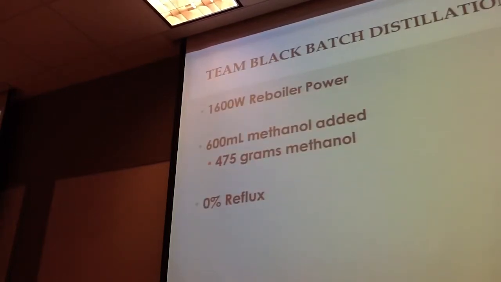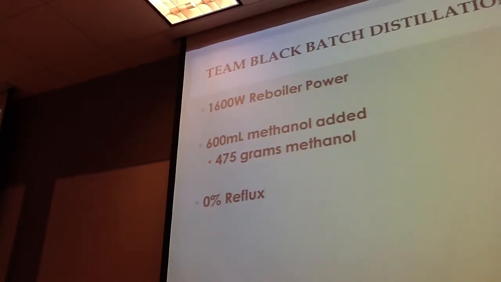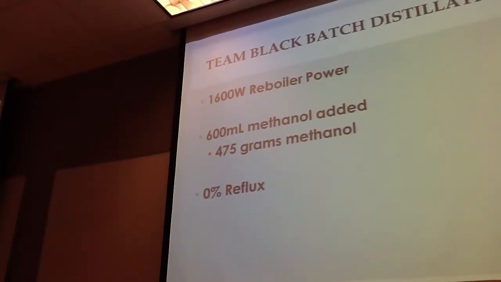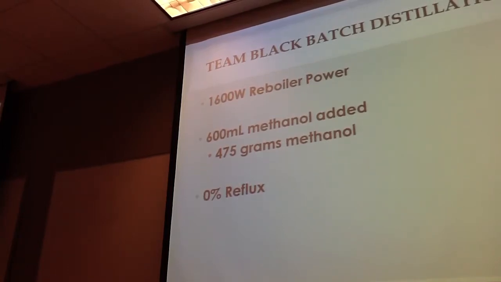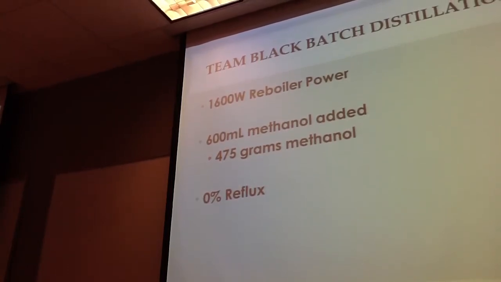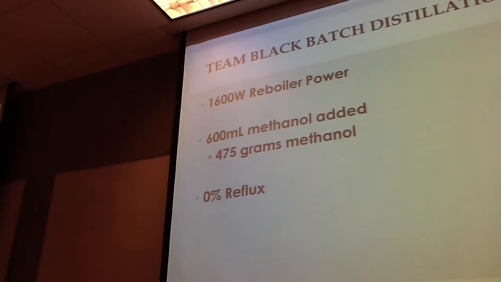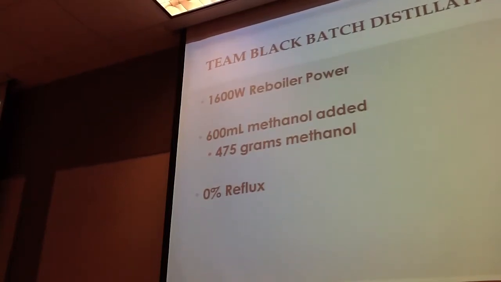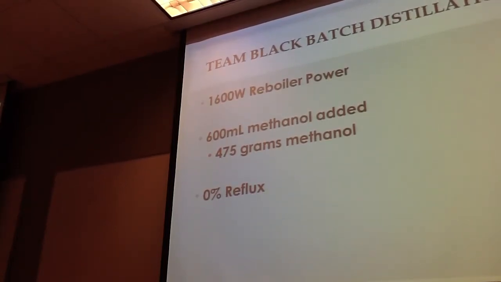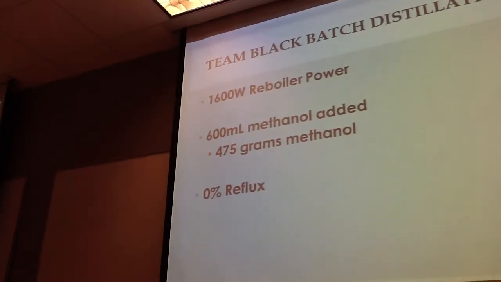And so they have also, just this last week, started running some batch distillation so that we could actually separate a two-component system. The first one to run a batch was Team Black, and we had them run a batch at 1,600 watts reboiler power, and they added about 600 milliliters of methanol, which is about 475 grams, at 0% reflux.